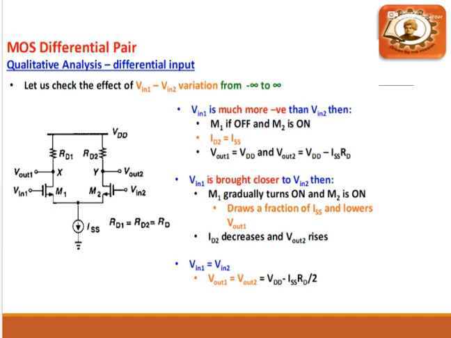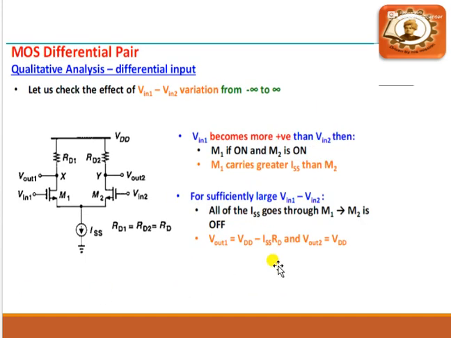In the next case, let us consider VIN1 becomes more positive with respect to VIN2. So M1 is on and M2 is also on. So M1 carries greater ISS than M2.